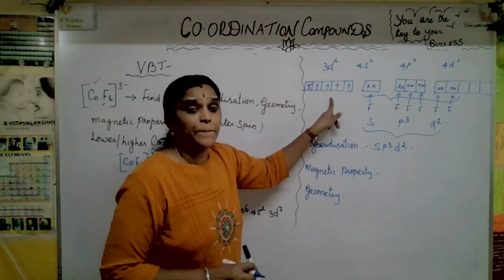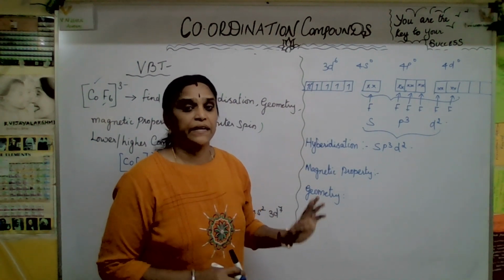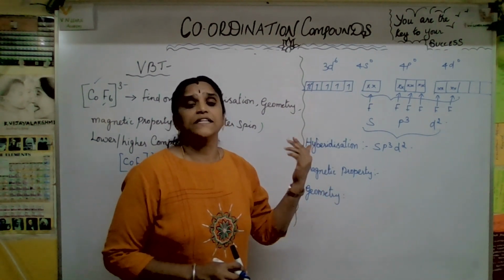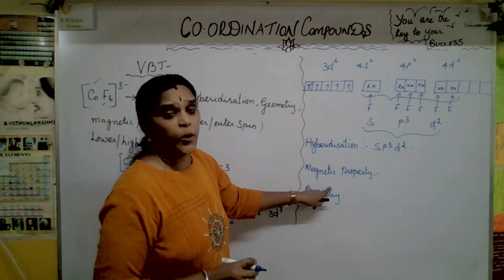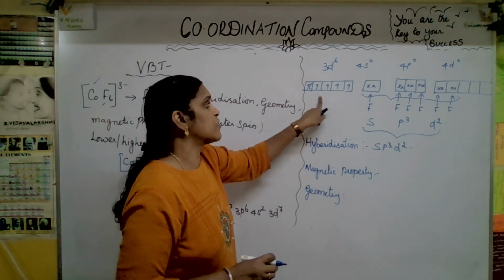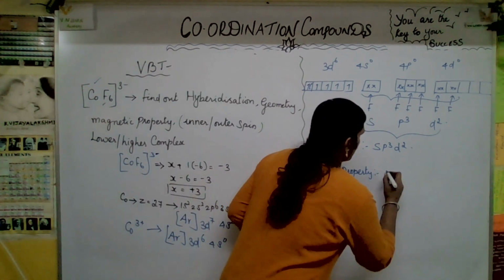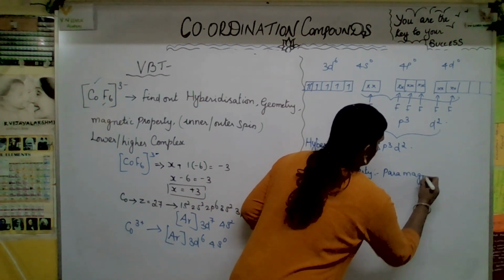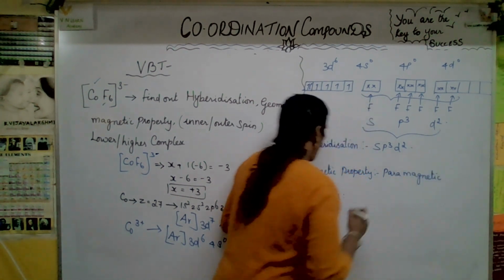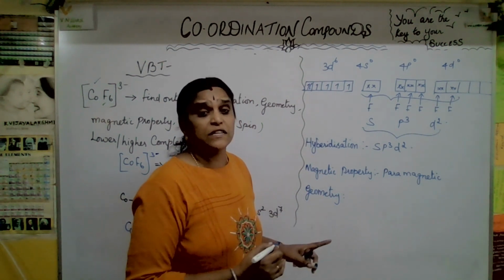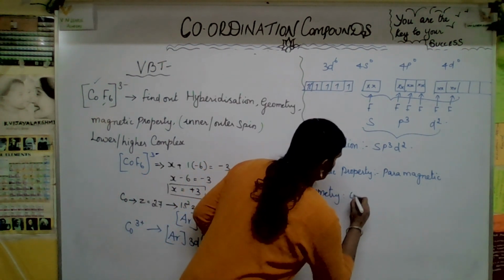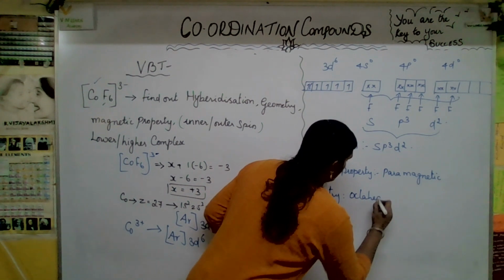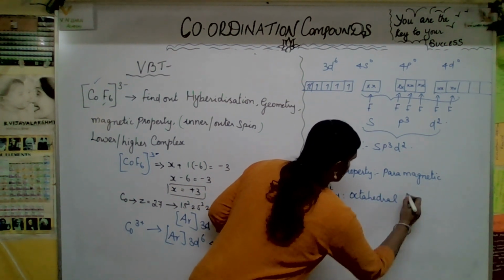If it has unpaired electrons, it is paramagnetic. If it has paired electrons, it is diamagnetic. I hope you got the idea. Here unpaired electrons are there, so it is paramagnetic. Okay, now next one, geometry. What is the geometry? It is octahedral.